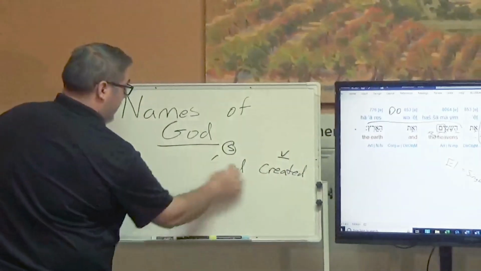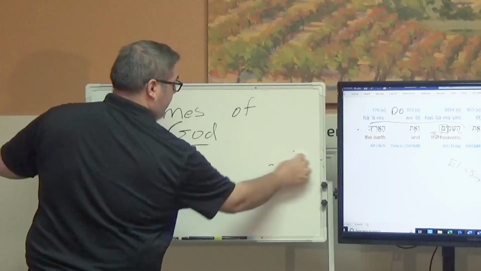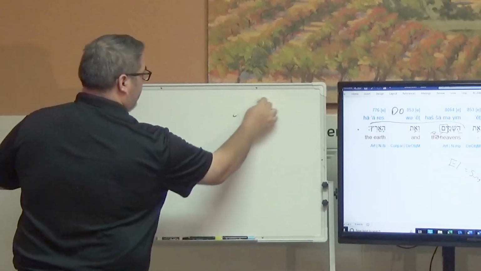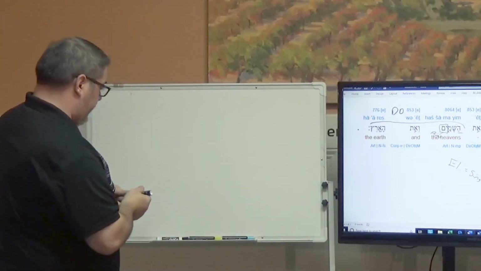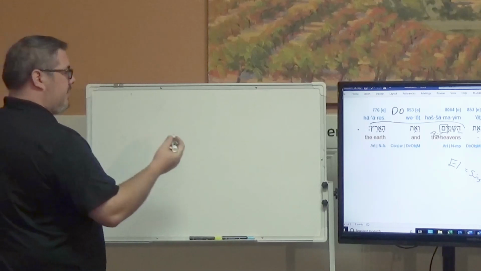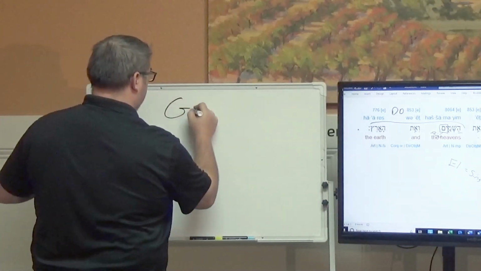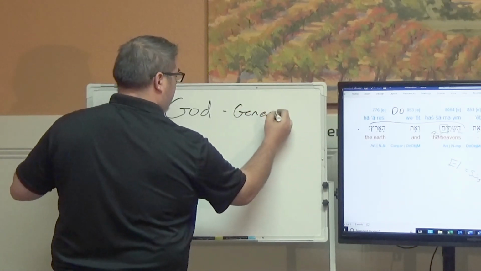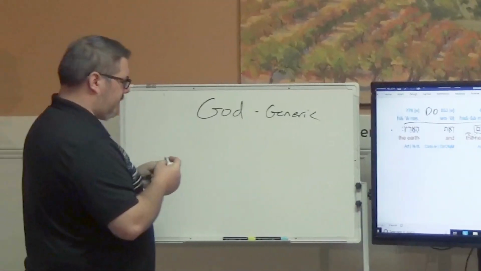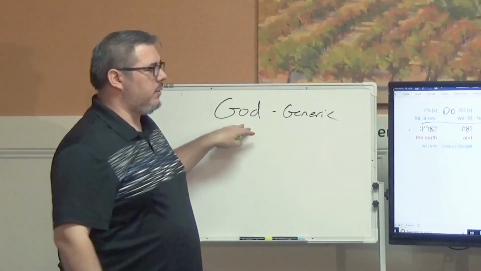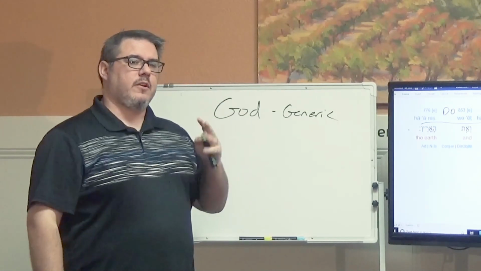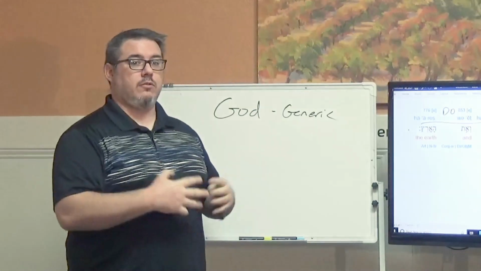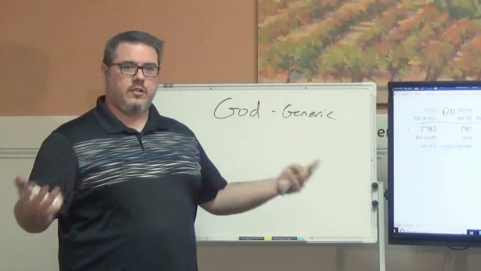The interesting thing about it is it tends to be a bit of a generic name. This generic name for God, Elohim, is the only name for God that is used in several different instances for several different people.